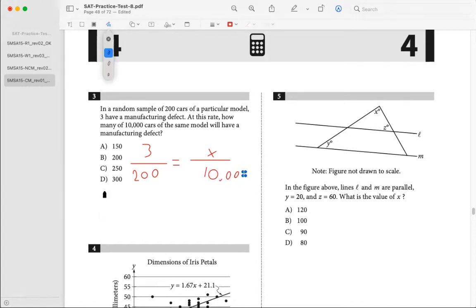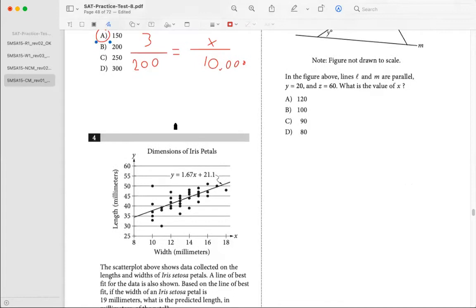Sorry, I'm not really good with writing with a mouse. But anyways, it'll be 200x equals 30,000. And since this is calculator, you can use your calculator to go. Should get you 150, which should be the correct answer.